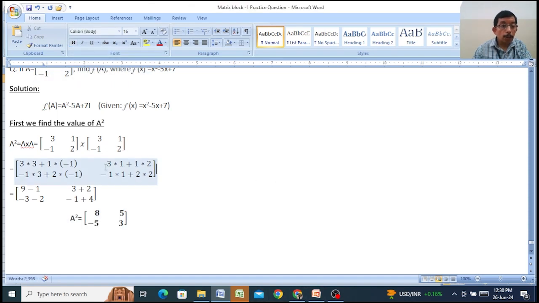Now we find the value of f(A). Note down each value. First we note down the value of A square here.